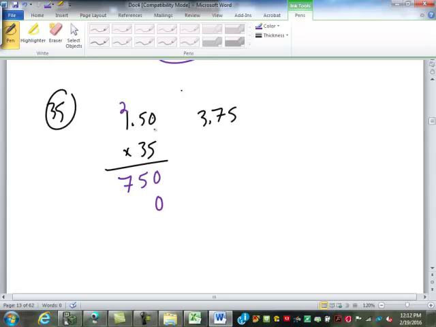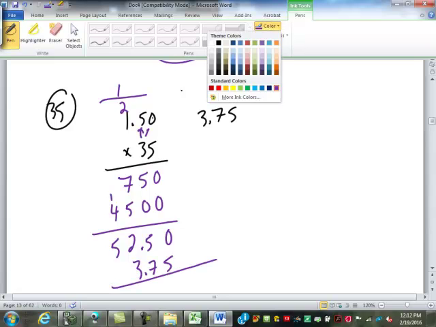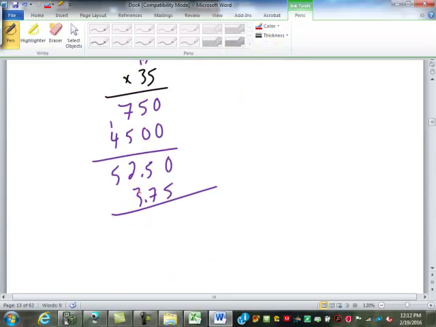Put in a 0. 3 times 0 is 0. 3 times 5 is 15. Carry the 1. 3 times 1 is 3, plus 1 is 4. So 7 and 5 is 12. Carry the 1. So $52.50 plus the $3.75 fee. Bring down the decimal. So $56.25.